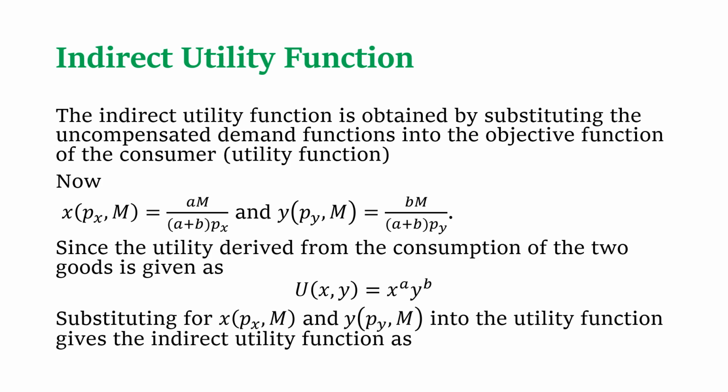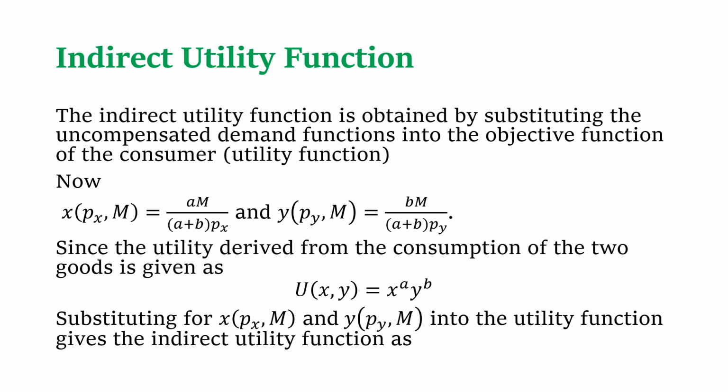So all you need to do is to substitute or plug in the optimal values, or the uncompensated demand that you have derived, into the utility function. Now, we know what X is. X is am over a plus b px, right? Now, we go to the utility function, wherever we see X, we put what?